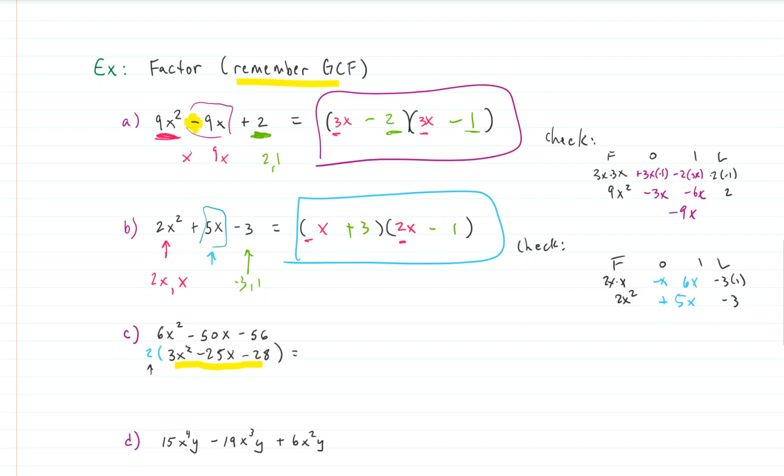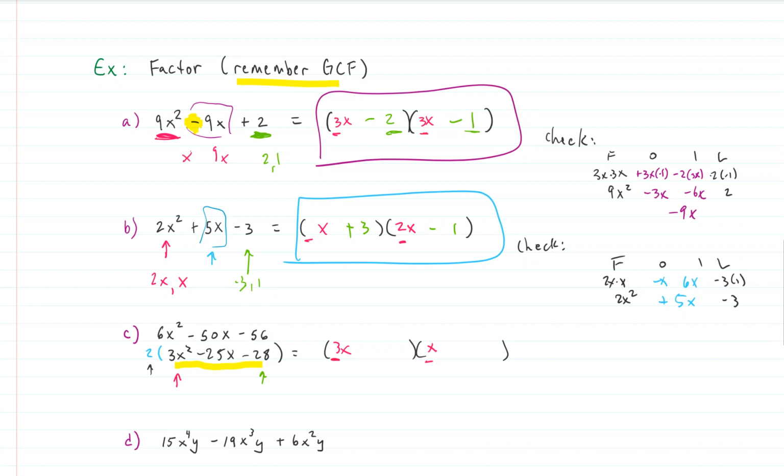So if we're looking at our factoring, we know the first two terms in our factoring are going to be associated with 3x squared. So let's just do 3x and x. And the second two terms are going to be associated with negative 28. Let's do 7 and 4.